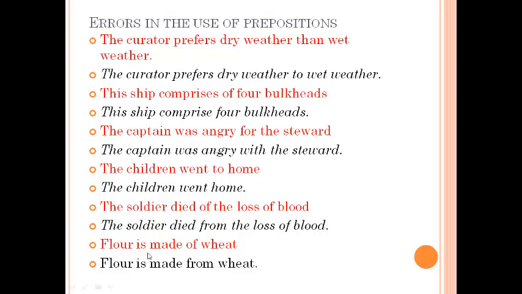Here, not made of wheat, but made from wheat, because flour does not keep its original condition; the flour is made out of the wheat. That's why we have to use from, not of. I repeat the condition once: when a substance changes into another to produce a new substance, from is used. But when the original material does not change form, of is used. That is the condition.